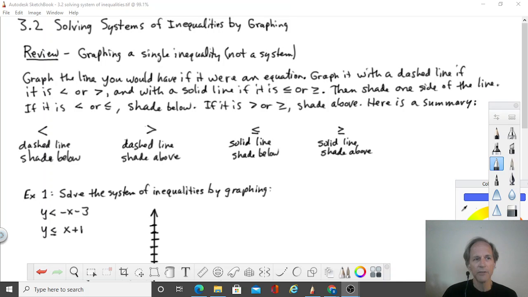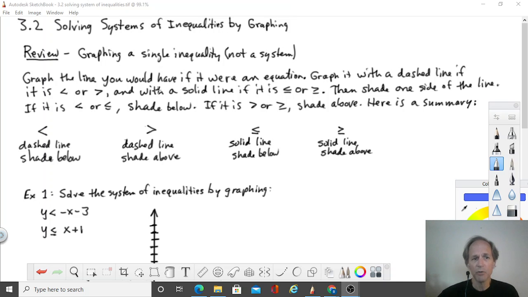So Section 3.2, Solving Systems of Inequalities by Graphing. A little bit of review in solving, and that is graphing a single inequality. We're not talking about a system in this review, but just how you graph the inequality.